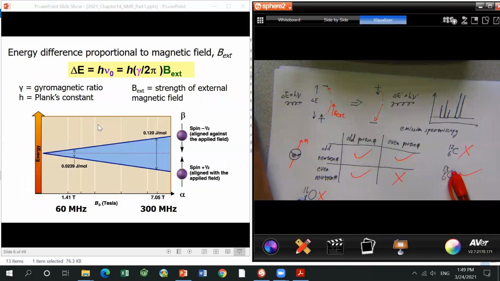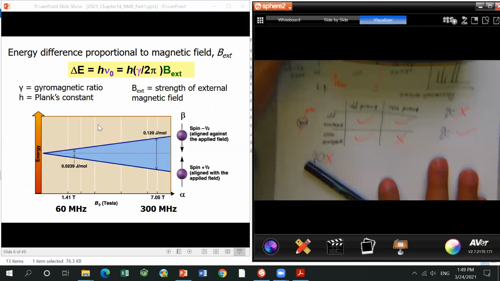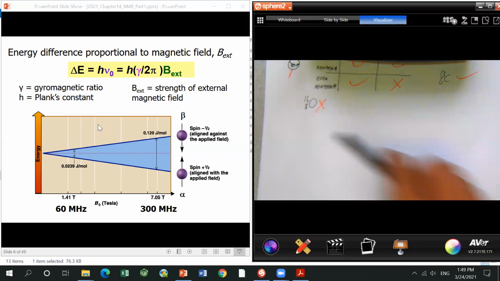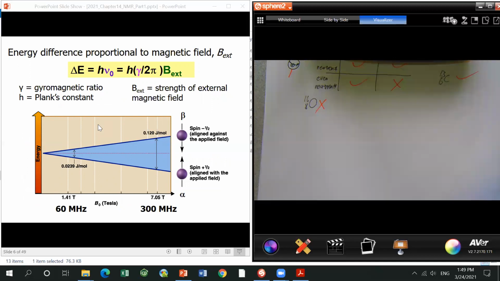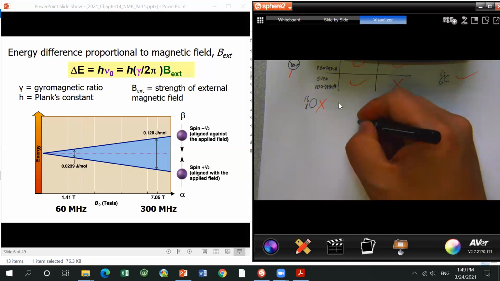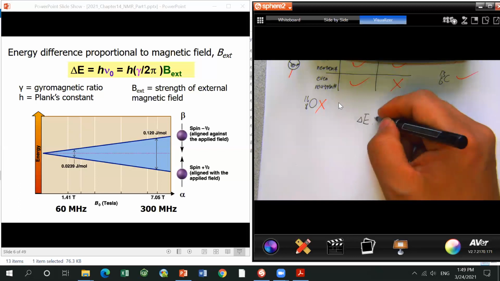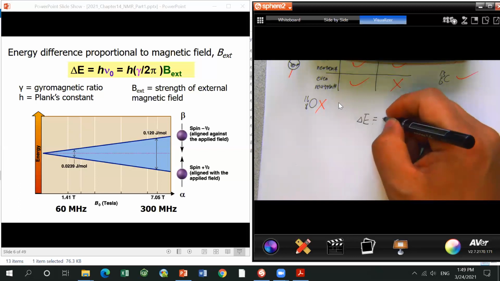So at the end of the class, just one formula. It tells you the influence of the external magnetic field, and also why different nuclei show different NMR spectra, different frequencies. It all comes to this equation. Delta E is the energy gap between the alpha state and the beta state.